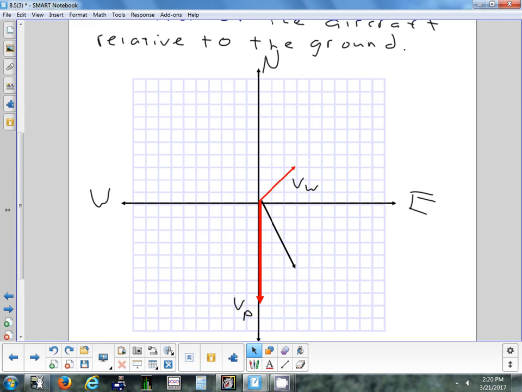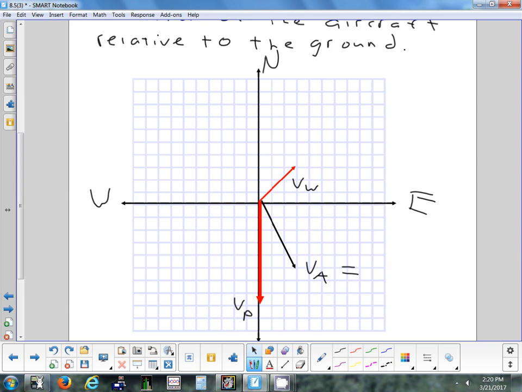The plane would be blown off course a little bit to the east, and it would slow down a little bit. Notice the arrow got a little shorter than it was before. And that would be the V sub a.